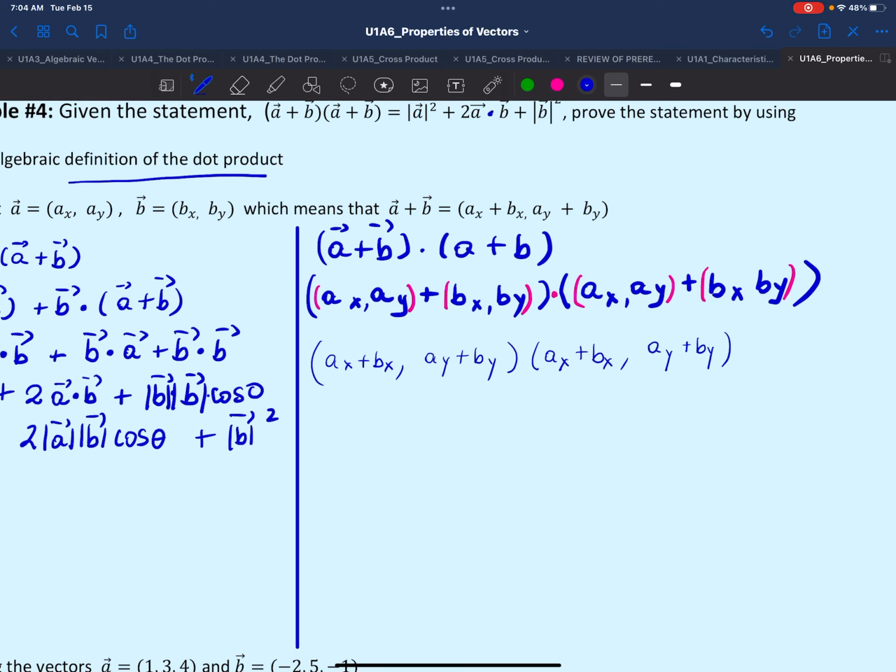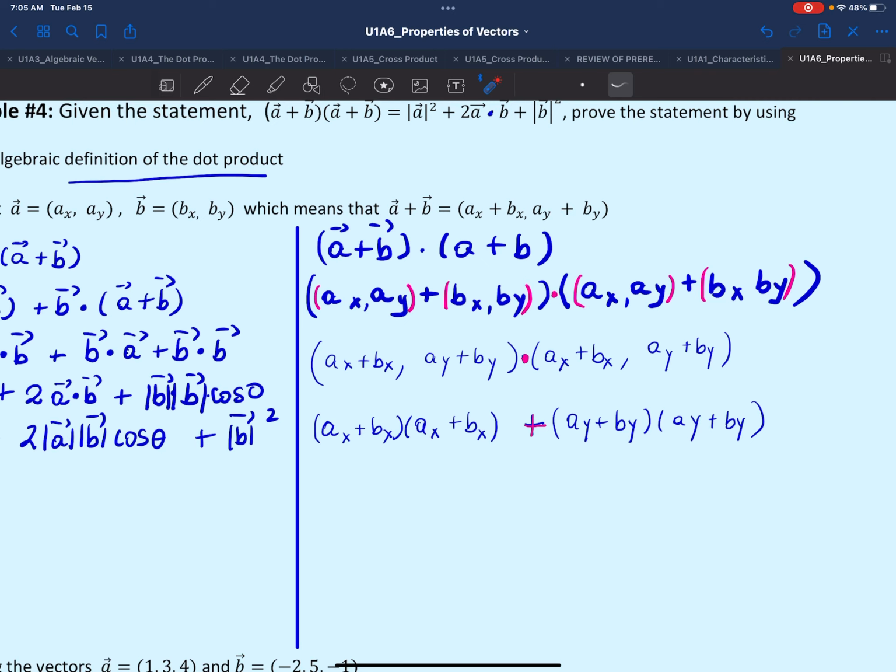So we said that in dot product, we have to multiply the x coordinates together, the y coordinates together, which means that we're multiplying AX plus BX by AX plus BX. And we're adding, because it's dot product, right? Here, AY plus BY by AY plus BY.